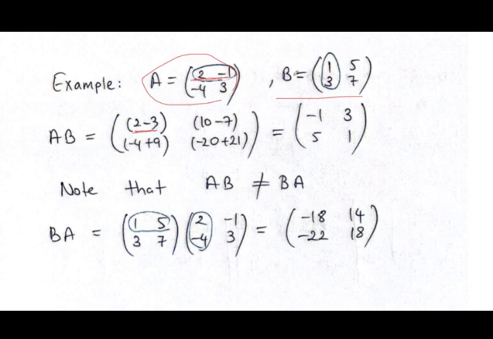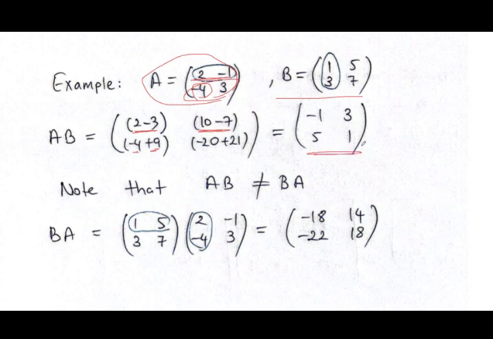And then 2 times 5 minus 1 times 7, so you get 10 minus 7. And then for the second row, you need to multiply minus 4 times 1, and then 3 times 3, that's 9, and then just continue in this manner, so you will get the result as minus 1, 3, 5, and 1.